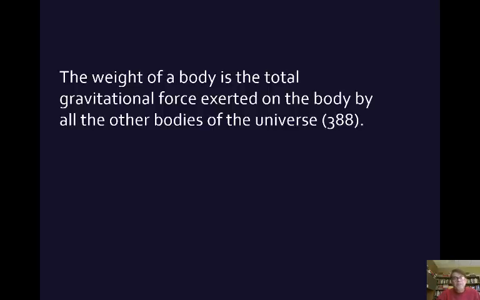Well, we take Newton's formula, force equals G times m1 m2 all over r squared. And when we consider weight as the force of gravity on me, it's going to be the gravitational constant times the mass of the Earth times my mass, all divided by the radius of the Earth squared, if I'm on the surface of the Earth.